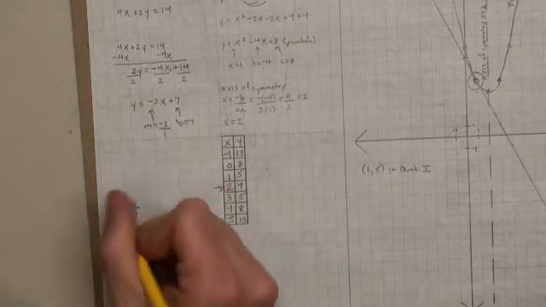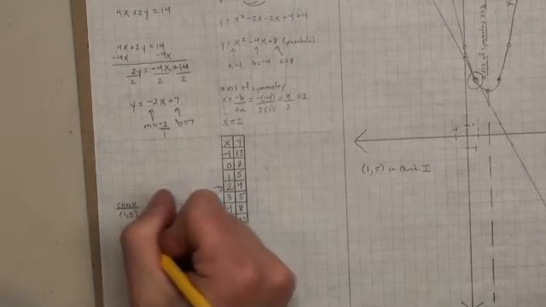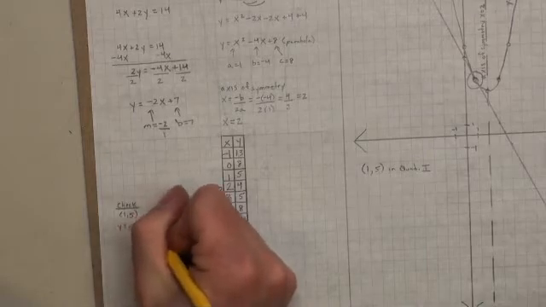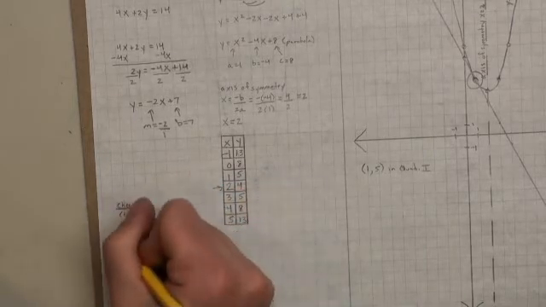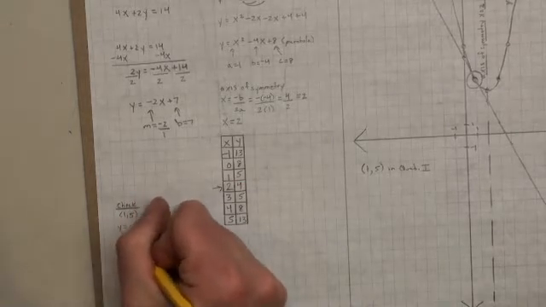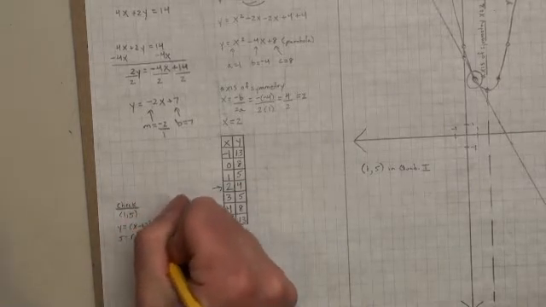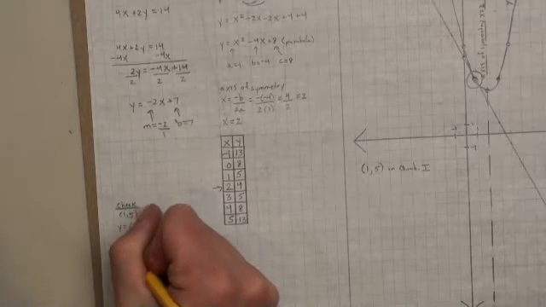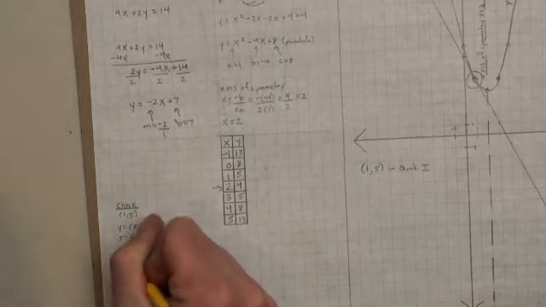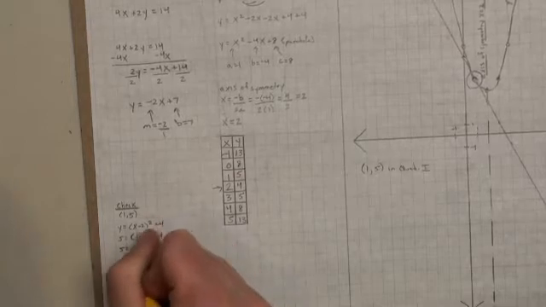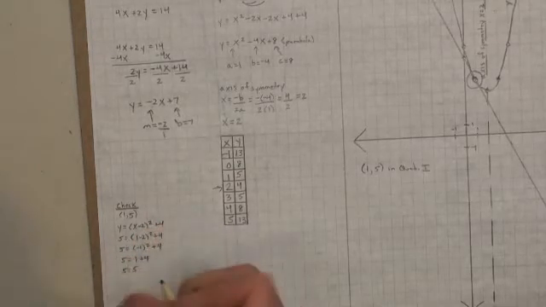(1, 5). First we're going to check it in y equals (x minus 2) squared plus 4. 5 equals (1 minus 2) squared plus 4. 5 equals negative 1 squared plus 4. 5 equals 1 plus 4. 5 equals 5.